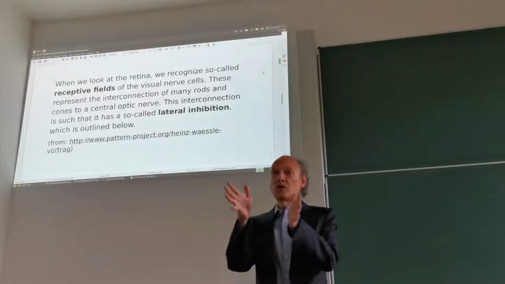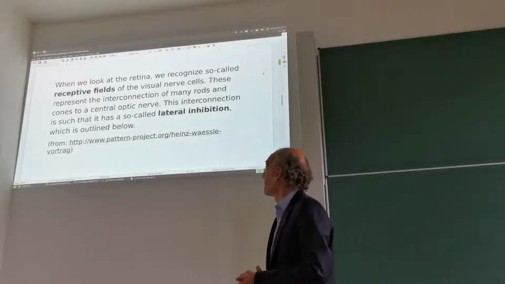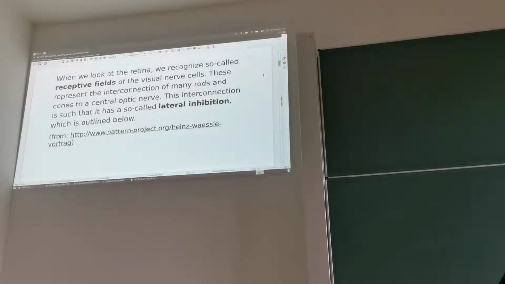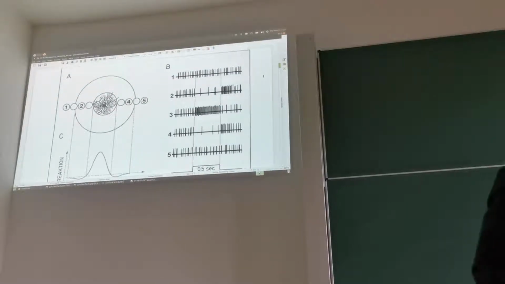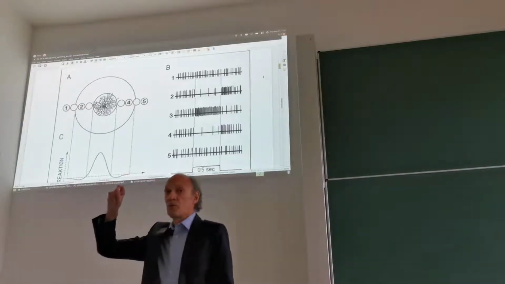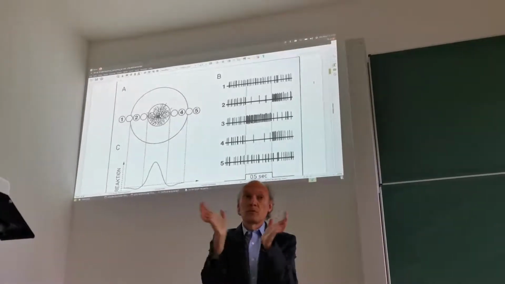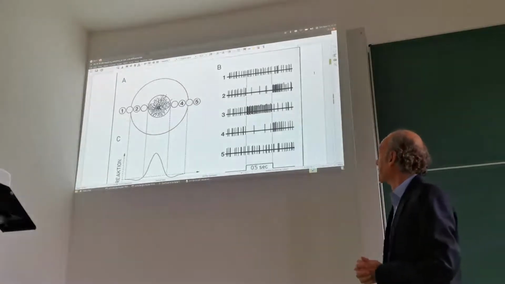This branching out in the neighborhood is called the receptive field. And the connection is done as we can see here. In the center, we have one nerve fiber going to the brain, and then you can see branches out onto the retina to different light-sensitive cells.